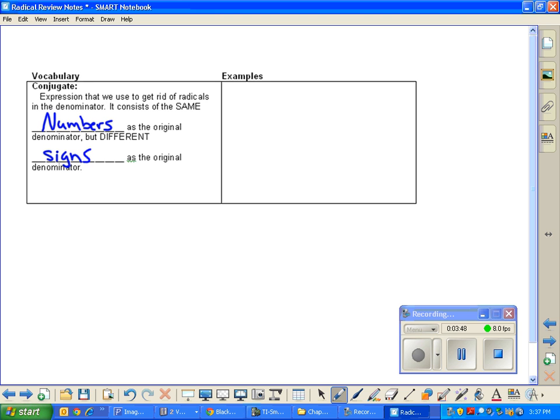So for instance, if I had you identify the conjugate of the square root of 3 plus the square root of 2, the conjugate of that is going to have the same numeric values, but a different sign in between them. So you'll see that it's the signs in between that are opposites.